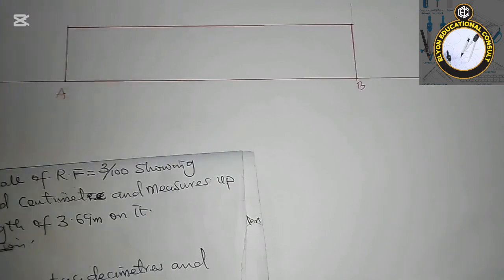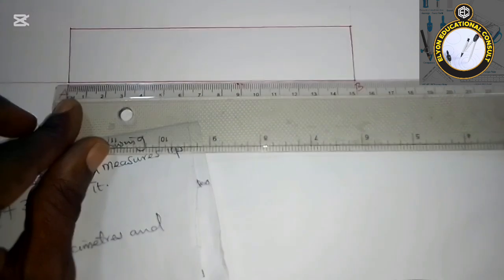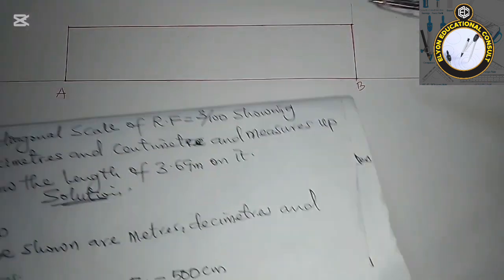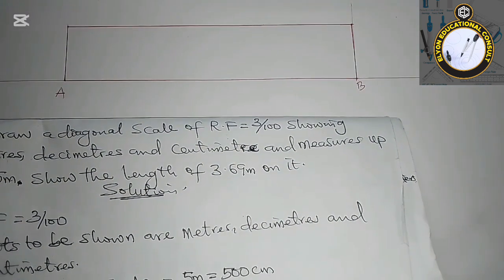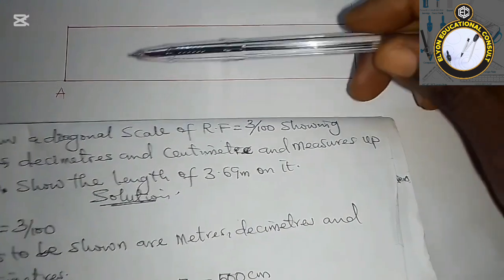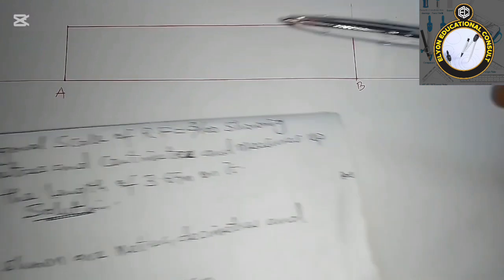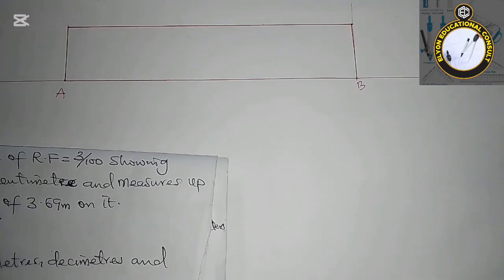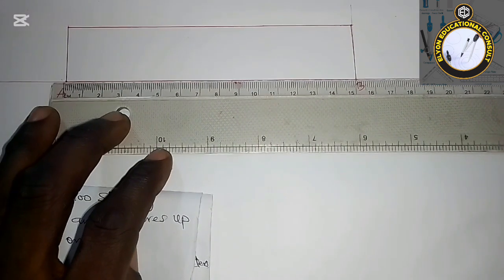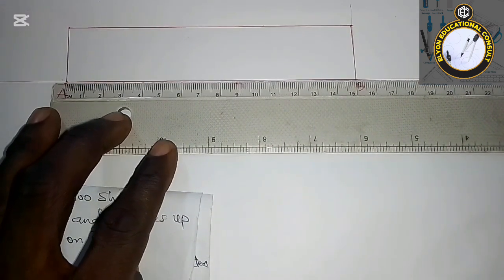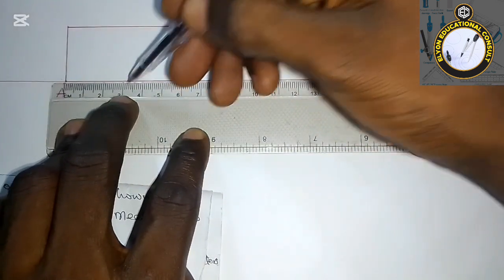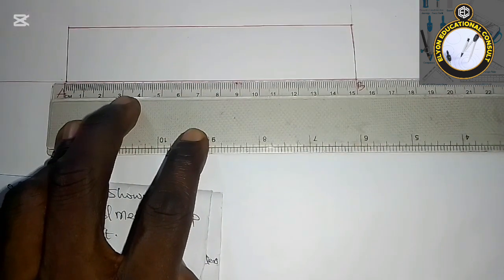Let me just measure to be sure. Yeah, I used 15. Okay, yes, that is 15. So we are going to divide this 15 into 5, because the scale is to read up to 5 meters. So each division now is going to be 1 meter. We can easily divide that without any problem, so we can use just division from the ruler instead of a method of line division.